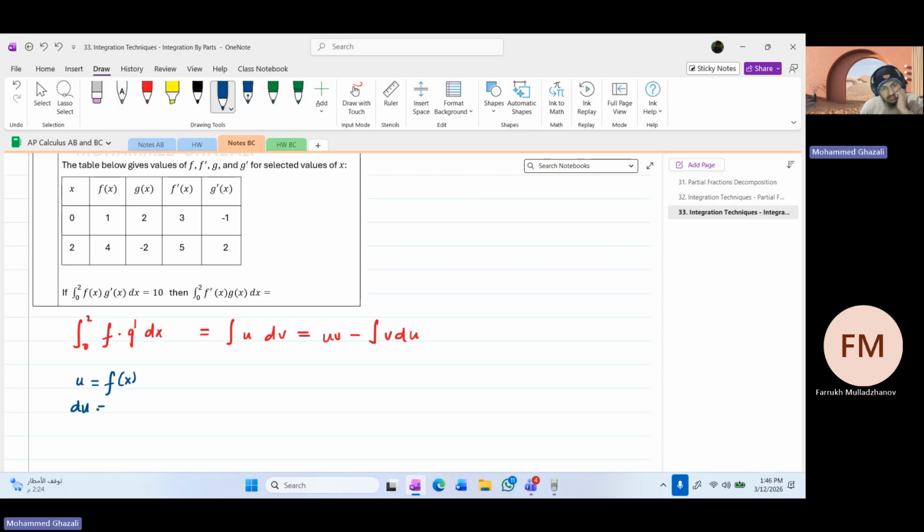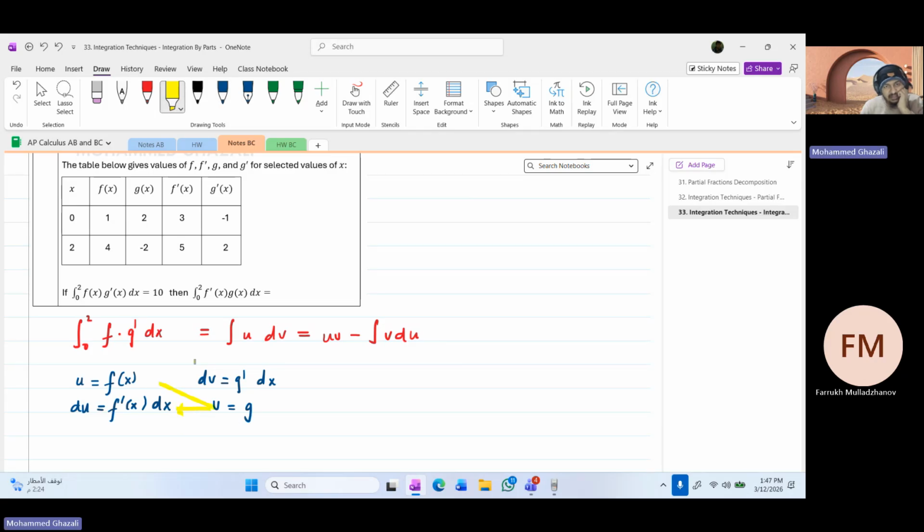So what is du? f prime x dx. That's u. What is your dv? Your dv is something that you can integrate, g prime x. So dv is equal to g prime dx. So what's v equal to? What's the integral of g prime? g, which means g of x.